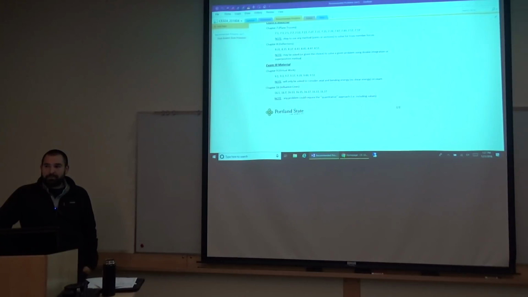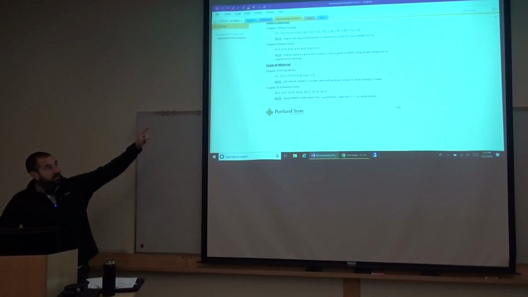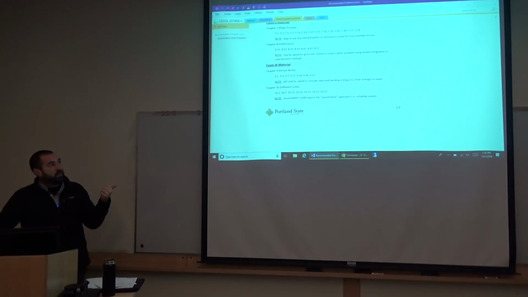So for chapter 16, it will be only beams? For the influence lines, yeah, just beams, exactly right. Your book has a couple of truss influence line type problems, but let me be really clear. For the axial, like truss virtual work, think of it this way: could a problem have a member that is axial only, which I would consider a truss member, and have other portions that are like a frame?